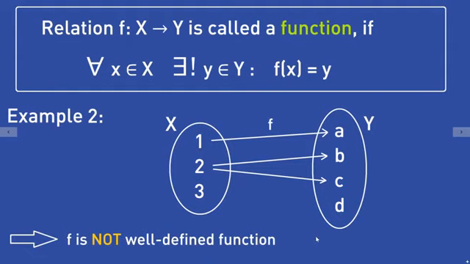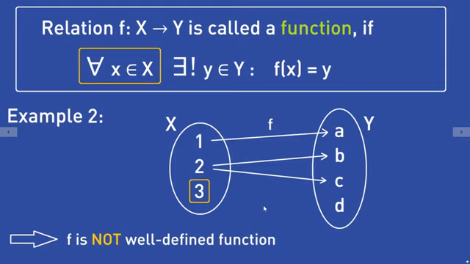The first reason is that the number 3 isn't associated to any element in the set Y. A function needs to associate each element of X to an element of Y, but 3 isn't associated to any element in the set Y. So this is a reason why f is not a function.